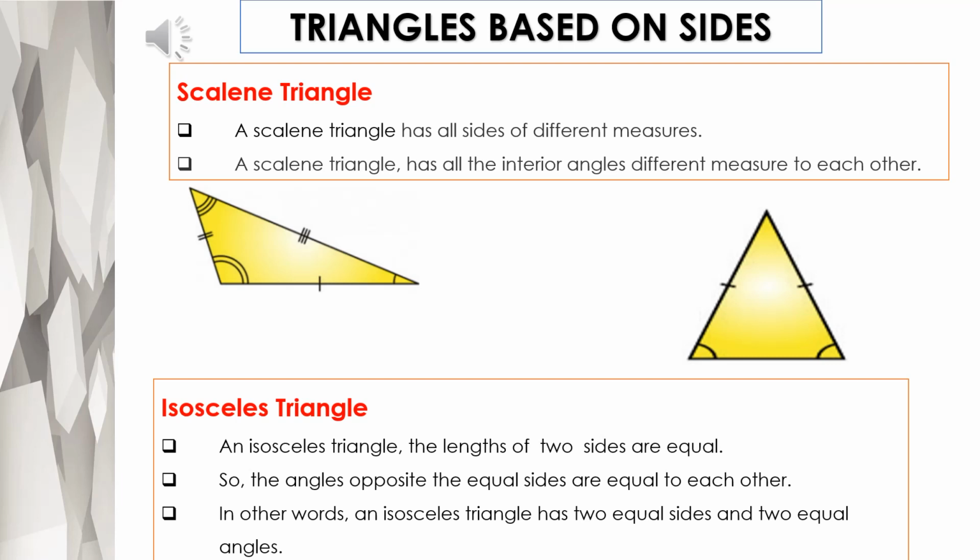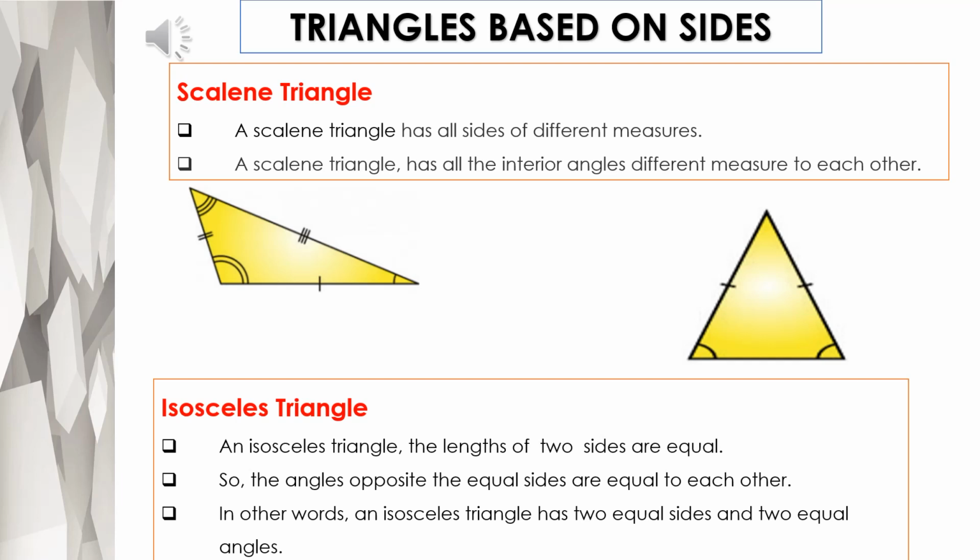Now, let us go into the isosceles triangle. In an isosceles triangle, as you can see in the figure, the lengths of two sides are always equal. So, the angles opposite the equal sides are equal to each other.